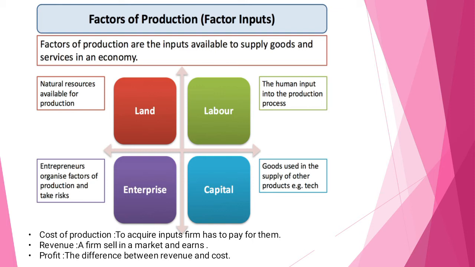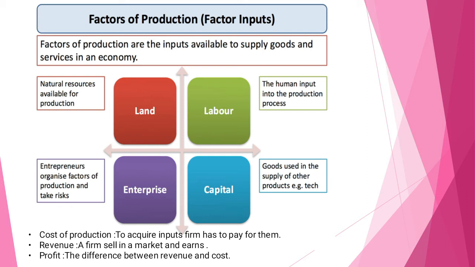Now let us learn what is cost of production. To acquire inputs, the firm has to pay for them. All the inputs such as land, labor, capital, enterprise, to acquire these, the firm has to pay. For example, if we purchase land, he has to pay the rent. If we hire labor, he has to pay the wages.